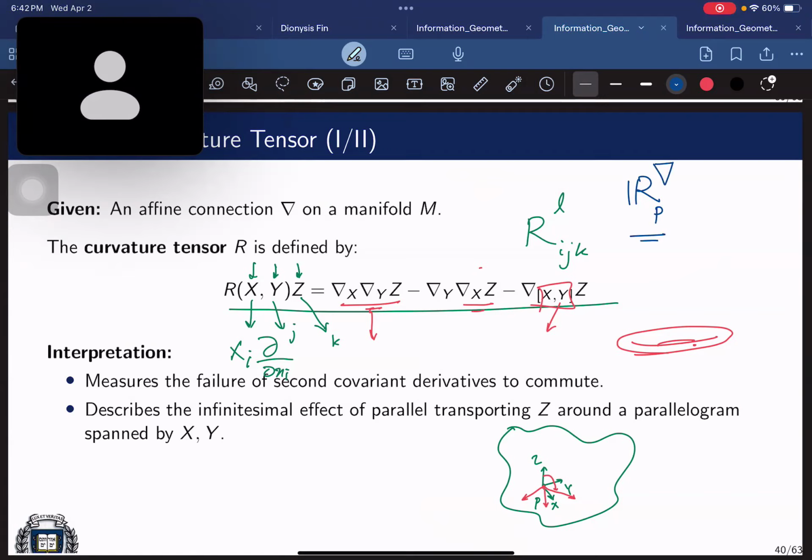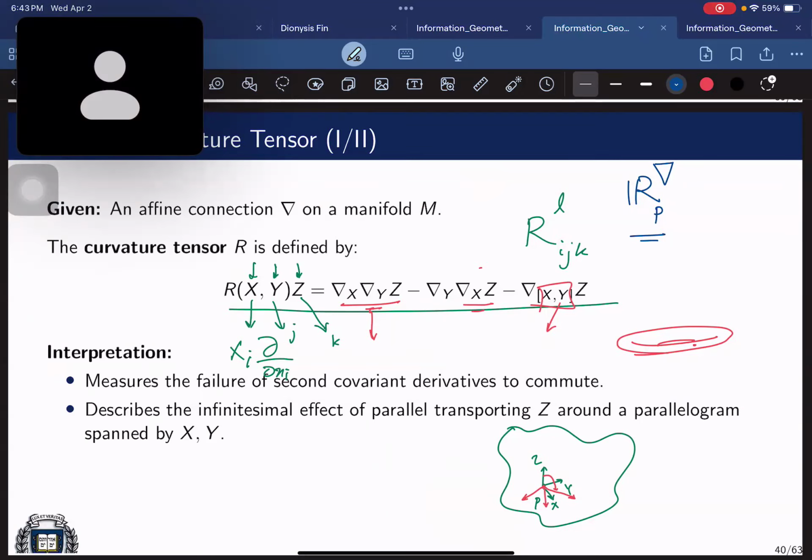Again, if I change the affine connection, the curvature would change. So it's not about considering the space as embedded in another n-dimensional space. With different affine connections, you're going to get different curvature.